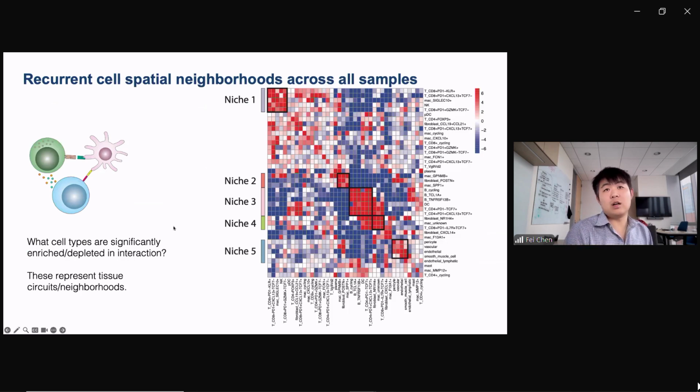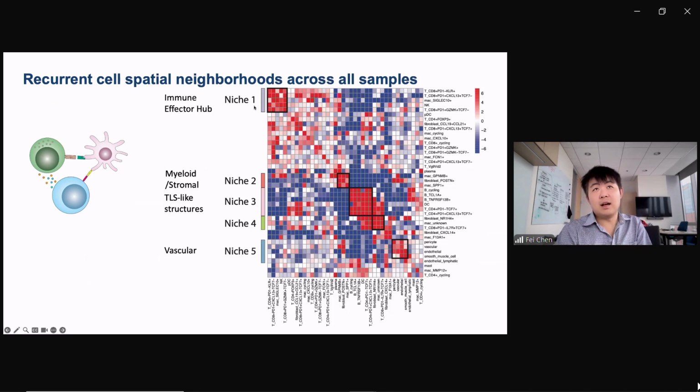And so here we took all of the non-tumor cells and we clustered them by basically their spatial interaction with each other. And we're calling these niches because they're basically the neighborhoods of cells which co-associate with each other. If you look at this, this first niche is something we're calling an immune effector hub.